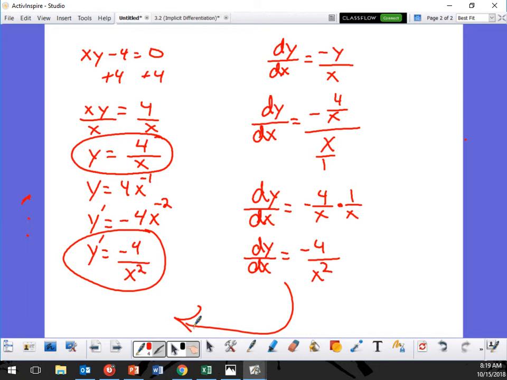You cannot always isolate one of the variables. It's not always going to work out. Because if you start off with a problem like y squared plus xy plus 3 equals 0, can you get y by itself there? No. You can move this over, so it'd be y squared plus xy equals negative 3.